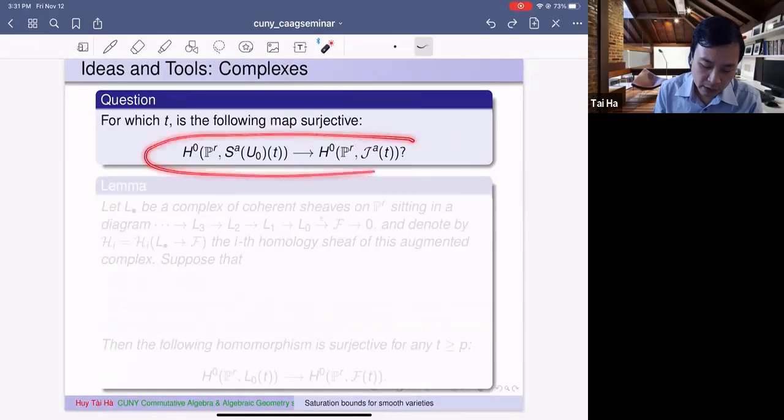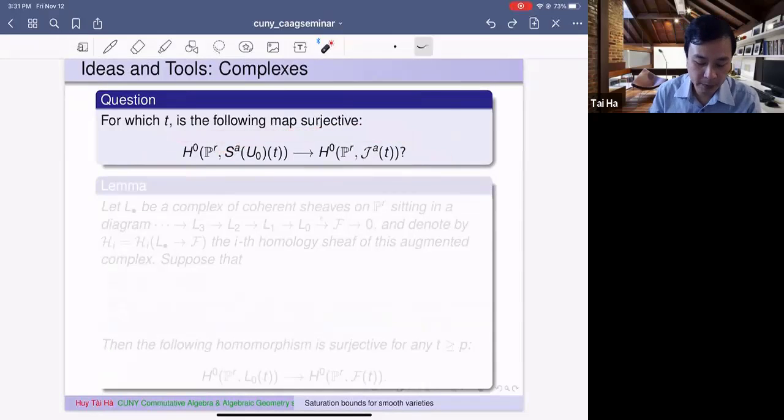So in algebra, in order to determine when maps between sections are surjective, a very standard tool is to fit this into a complex.